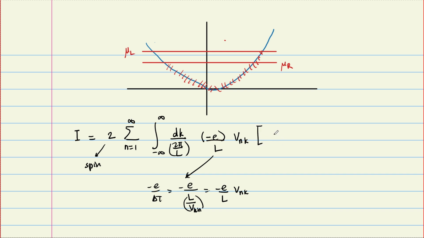And now we need the occupation probability of a mode n k, which is given by the Fermi function. This is f of epsilon n k measured with respect to mu left, and this mode should be moving to the right. I'll put a theta function for that, plus f of epsilon n k minus mu right.